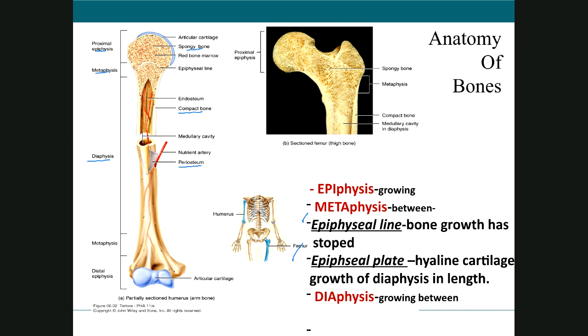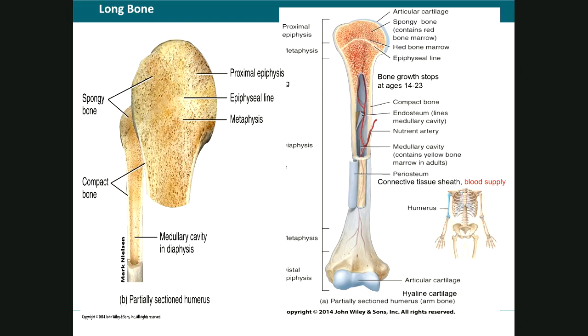In the center is the medullary cavity. On this image, you can see how spongy bone has what we call a trabecular pattern, visible with the unaided eye, and around the outside is the compact bone. This is a closer-up image of the spongy bone. You could see the little pores, kind of like a sponge, and the compact bone around the outside.